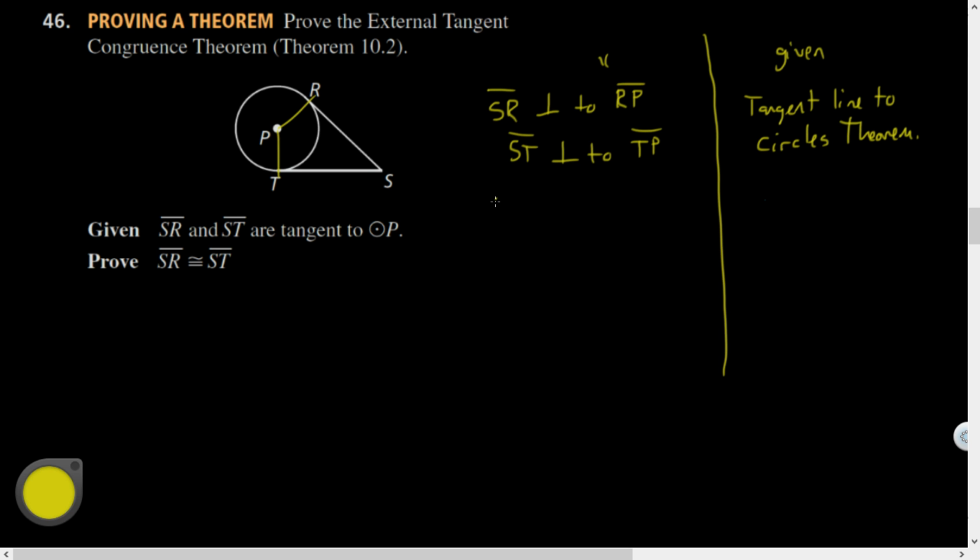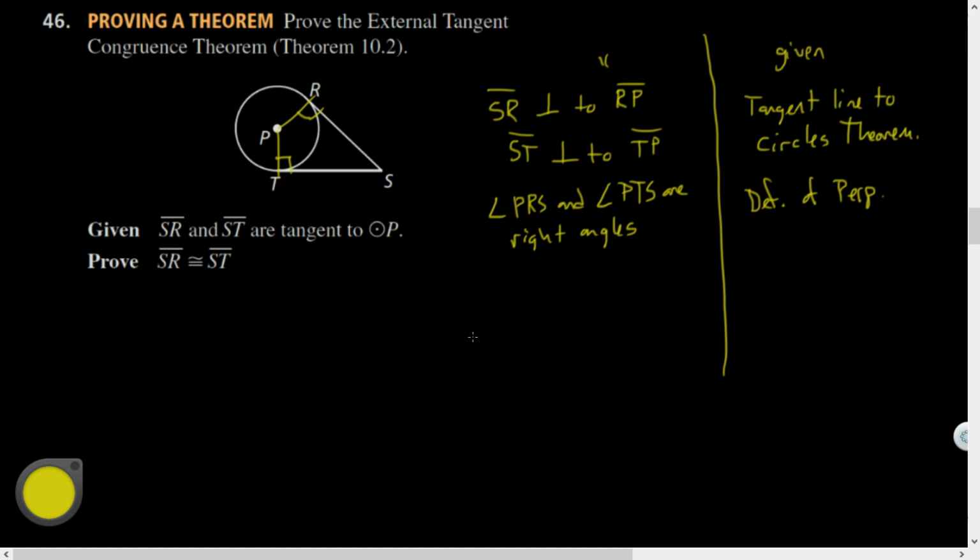Therefore, I'm going to say angle PRS and angle PTS are right angles. And the reason that's true is definition of perpendicular. Def of perp. And so I can label them right angles like that.